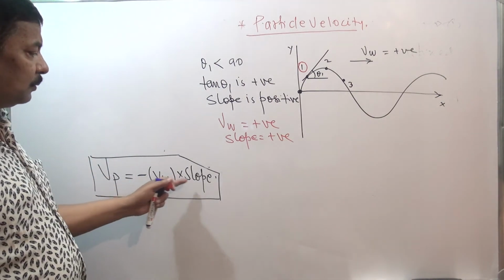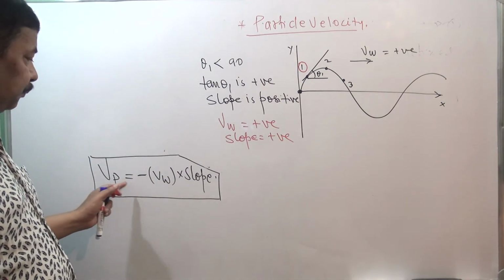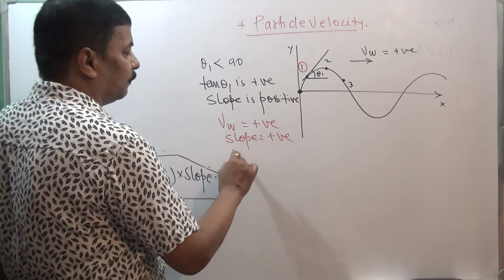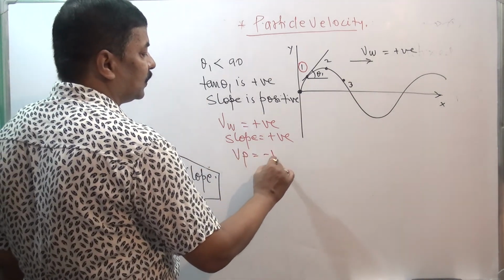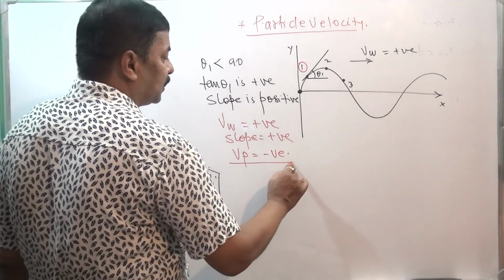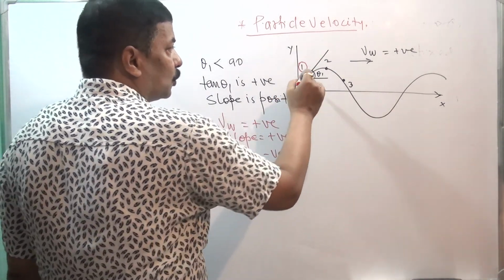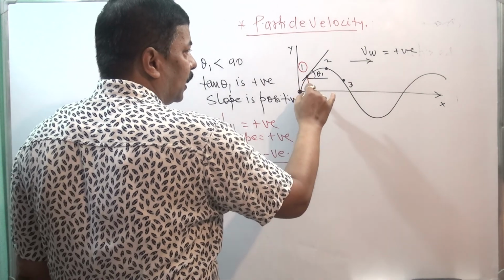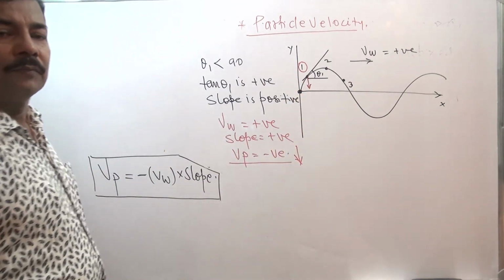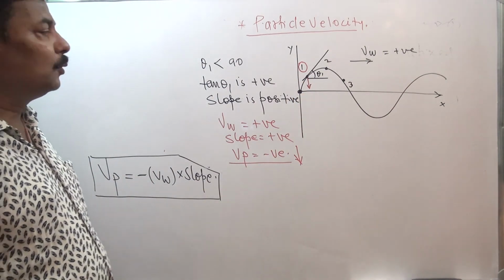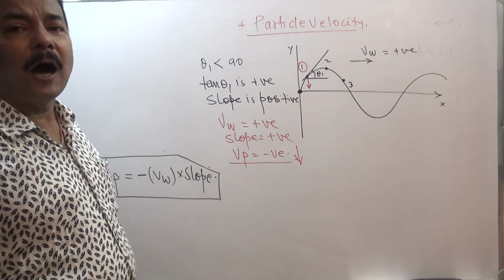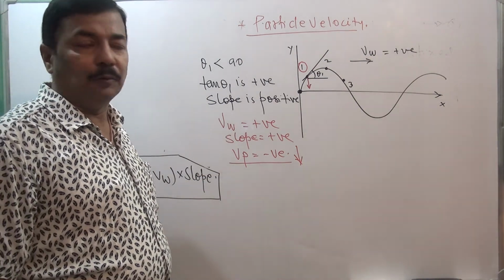This is positive, this is positive. So what is the result? Particle velocity Vp is negative. And negative means what? Downward direction. This is positive, this is negative. So this particle is going in the downward direction. This is the way you can say confidently whether the particle is going up or going down.